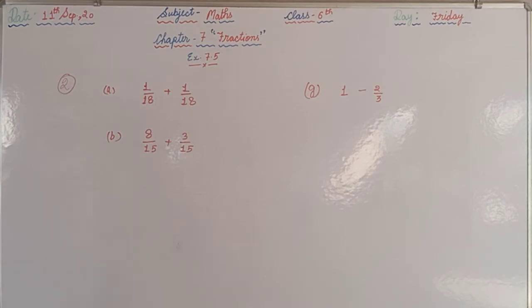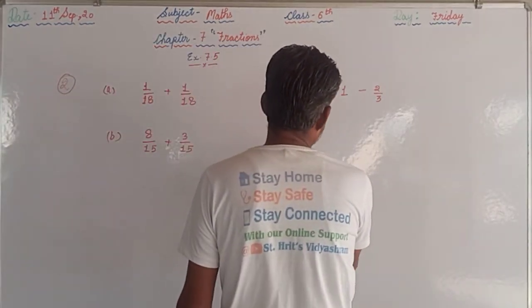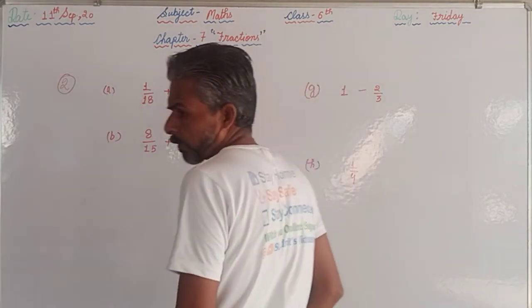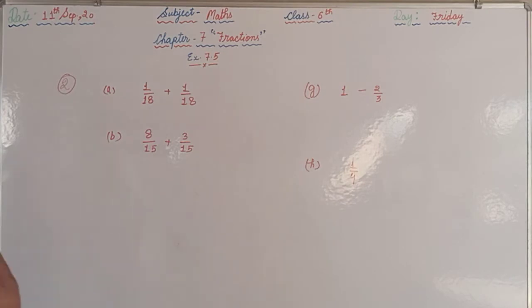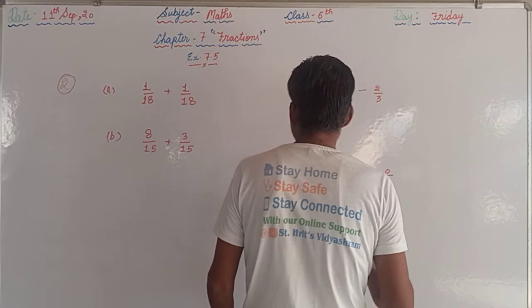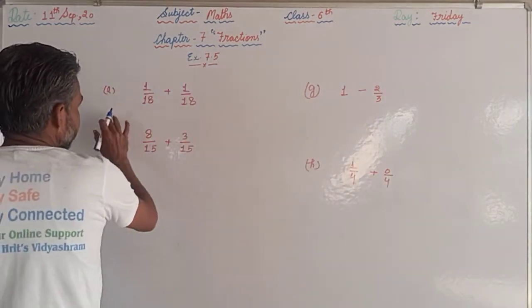And in h, 1 upon 4 plus 0 upon 4. So these are the like fractions.